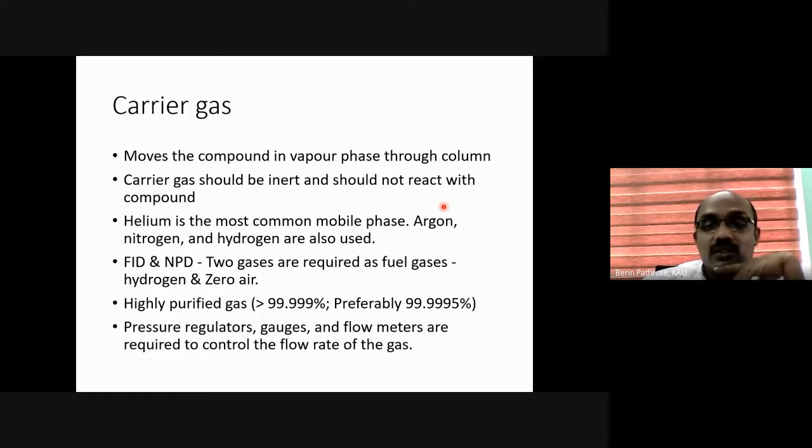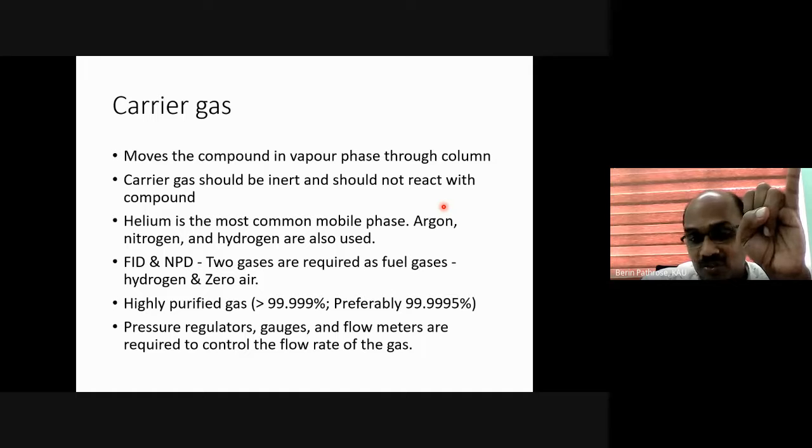In the nitrogen phosphorus detector, NPD, here also we need a flame to burn the compounds. We'll see how the detection happens. So in order to burn it, invariably we need oxygen. Without oxygen, nothing can burn on its own.